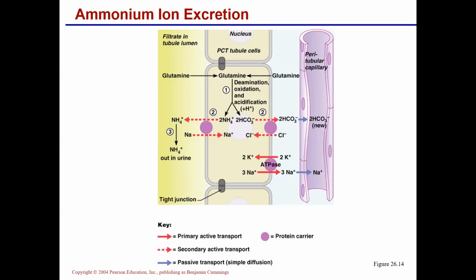The second one is a new bicarbonate ion generated via buffering of secreted hydrogen by monohydrogen phosphate. The third mechanism is digesting glutamine to produce new bicarbonate ions and ammonium ions.